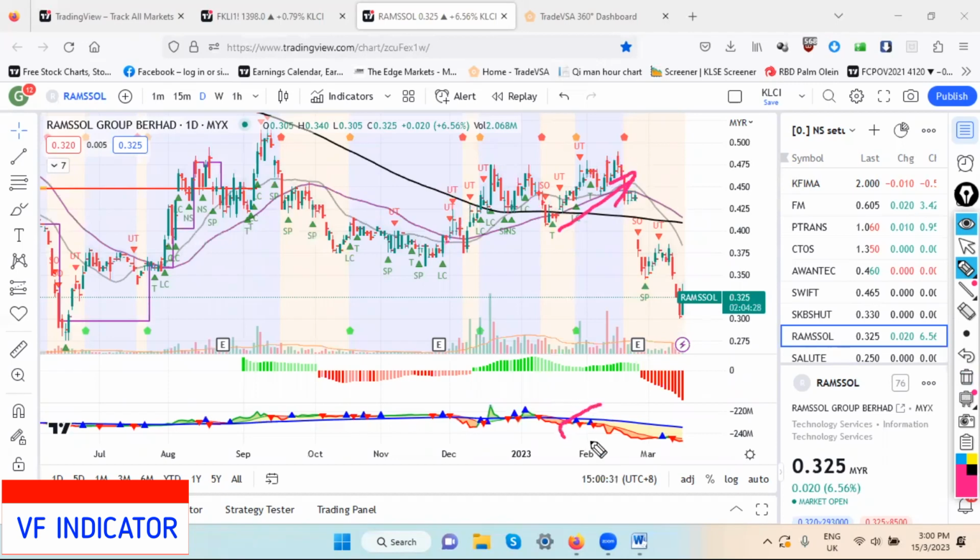If you go by price action, it looks okay, but based on the volume ratio, you already smell something funny. That's why, when you see funny things, you quickly come out.